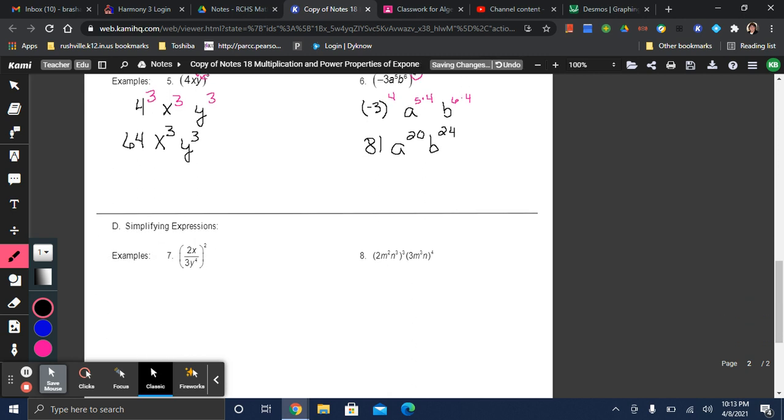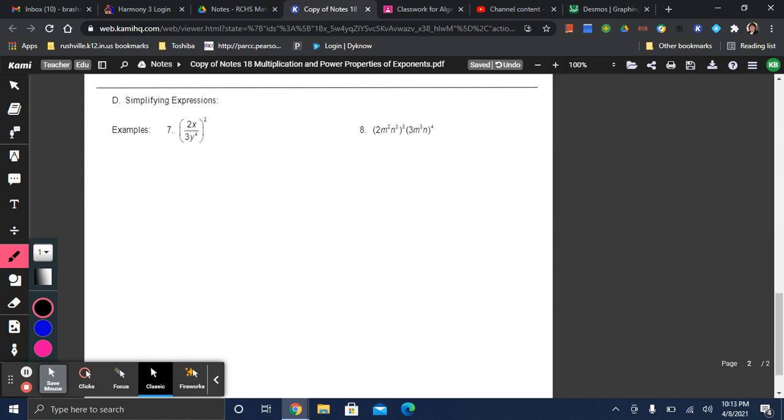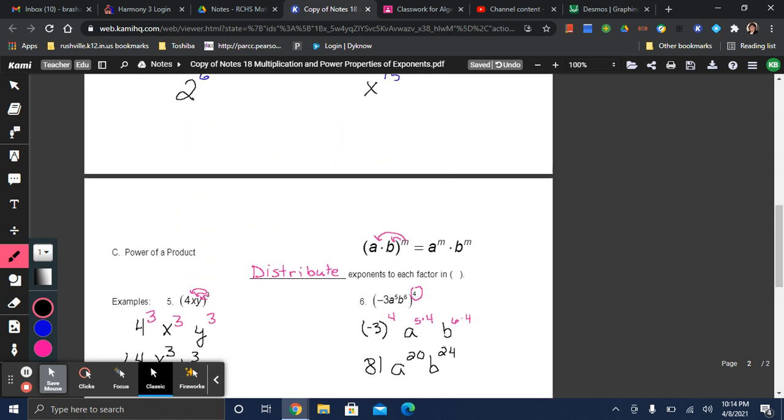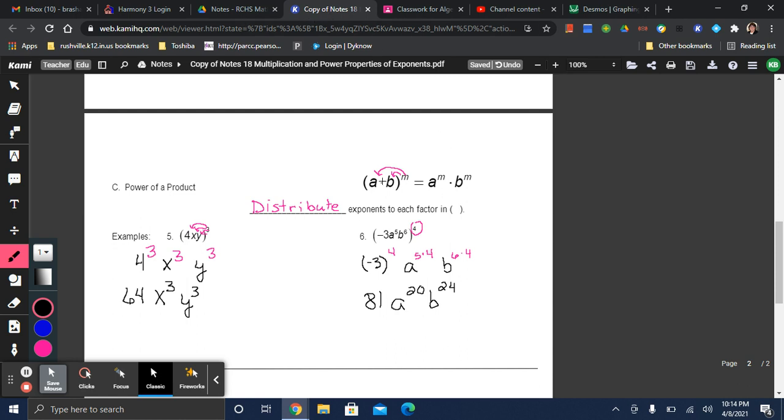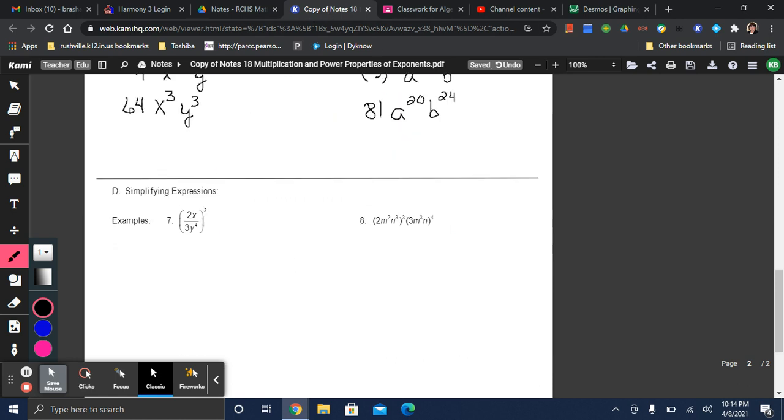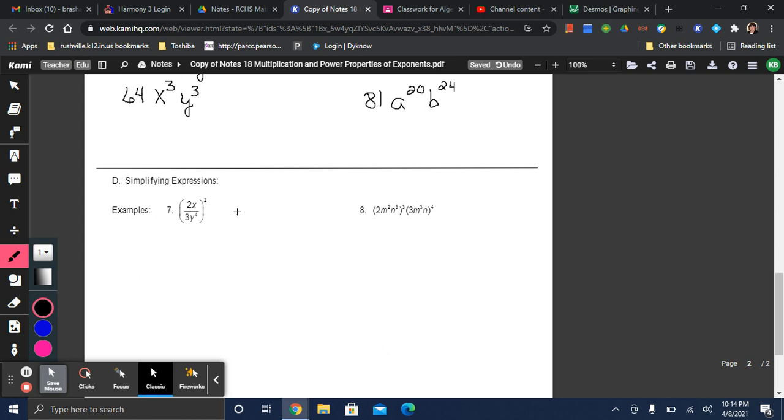And then we're going to just do a couple of examples where you need to simplify the expression. If you have a fraction, you still want to treat it like our rule where we are distributing. It's just that you'll distribute this outside exponent to the numerator and the denominator, all the factors.